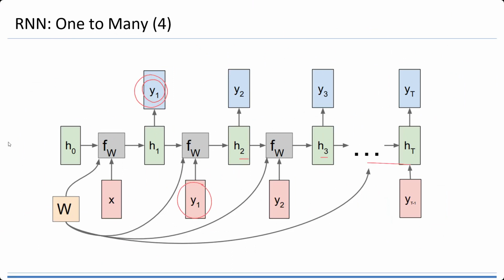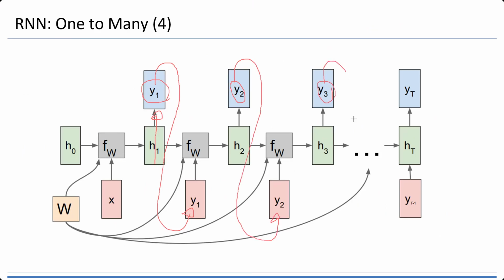The output from the previous state, the output from step 1, can be the input to the next step. The output from this step can be the input to the next step. This is also another variant for one-to-many.